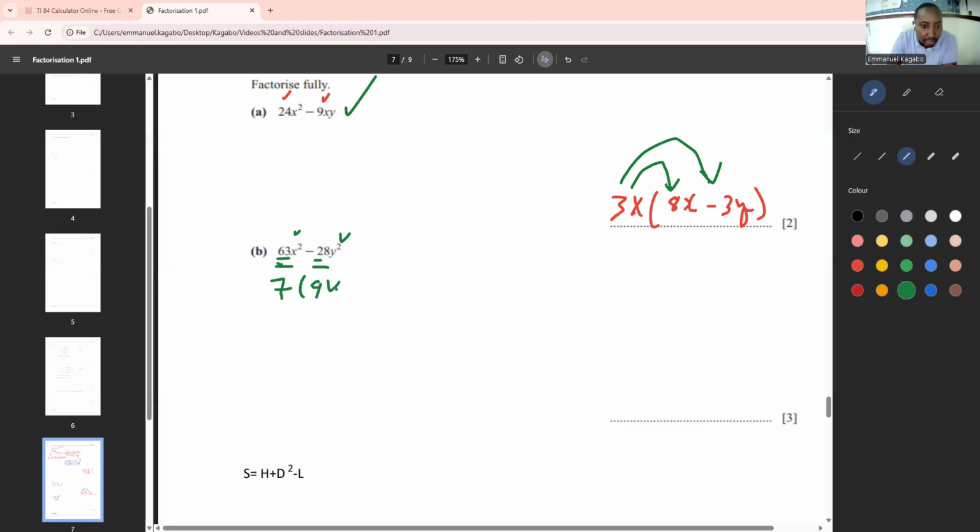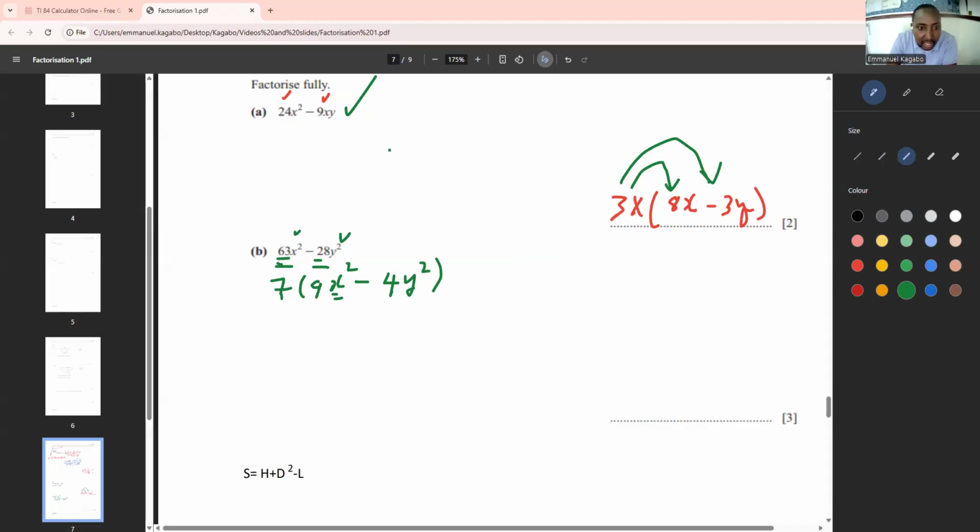So I'll get 9x squared minus 4y squared, right? I hope you get that, guys. Now, when I reach here, almost done, but still, x is squared, but 3 is not squared, and 4 as well. And I want to do completing, I mean, difference of 2 squares. So what does that mean?